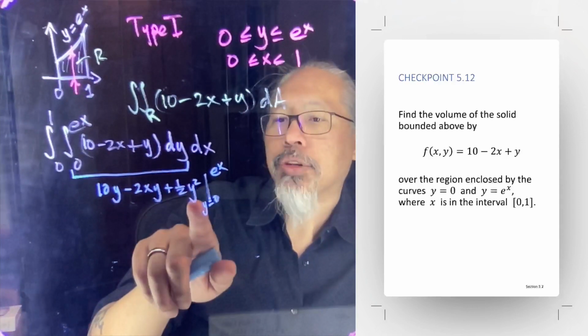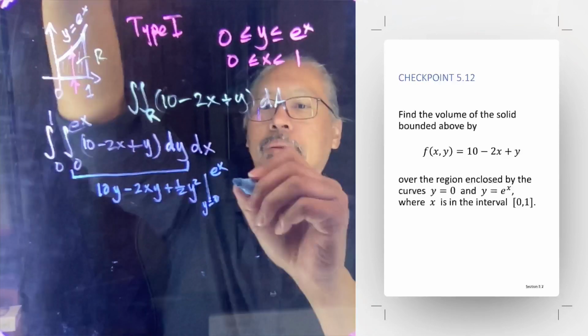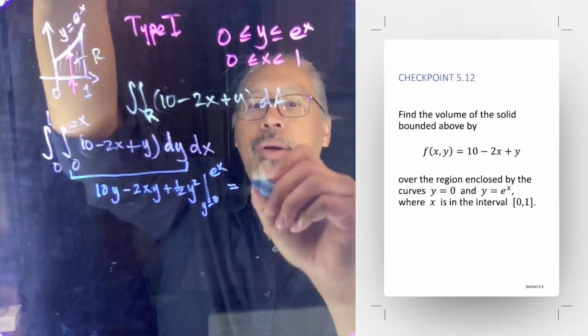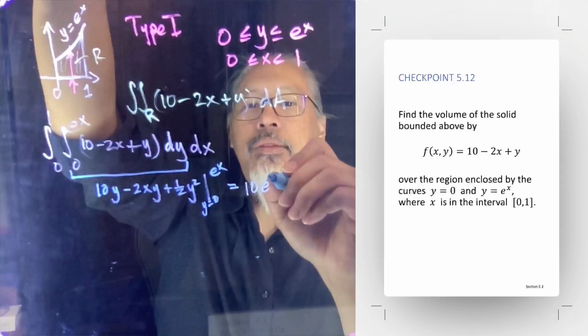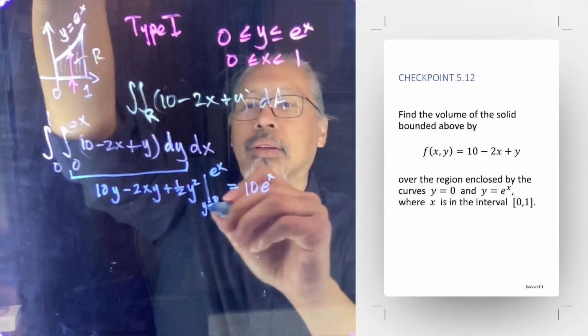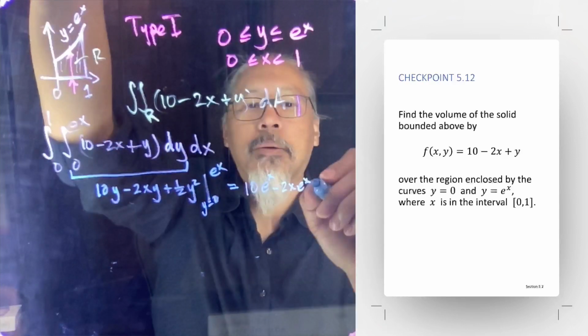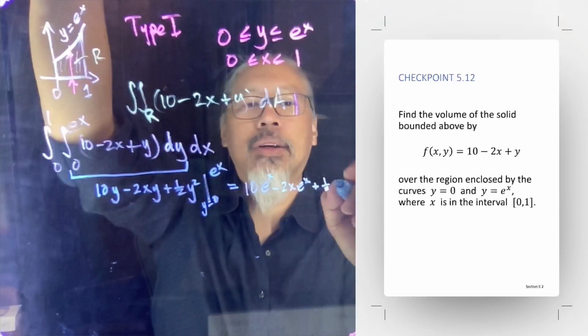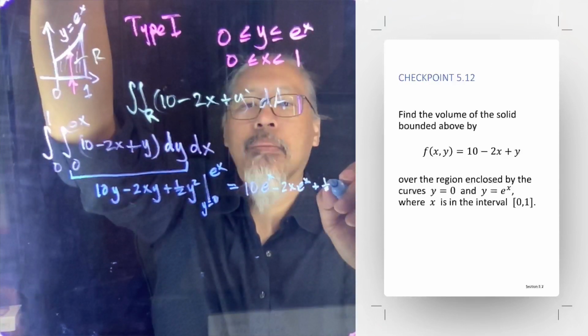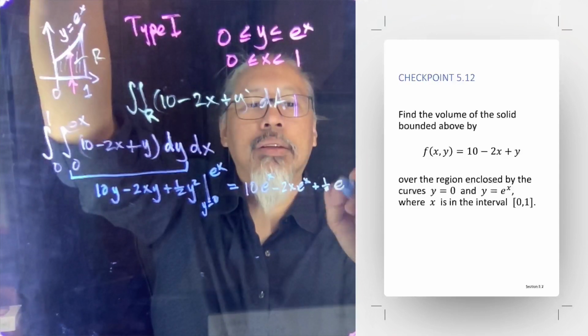And again, when we put 0 in there, everything disappears, so we only care about what happens when we put e to the x in for y. And so we'll have 10e to the x minus 2x e to the x plus 1/2 e to the 2x.